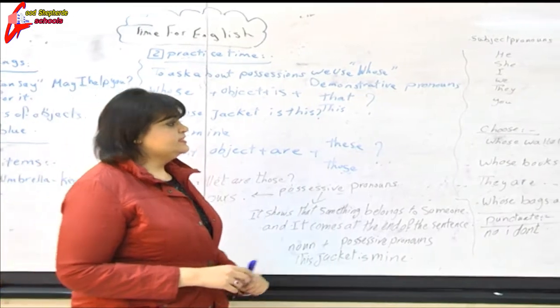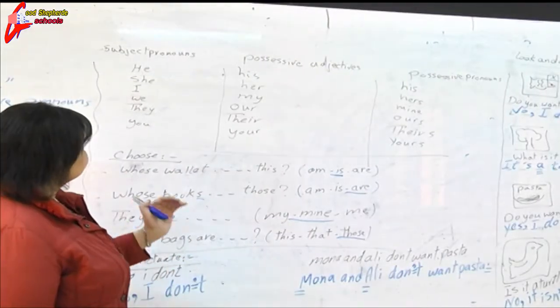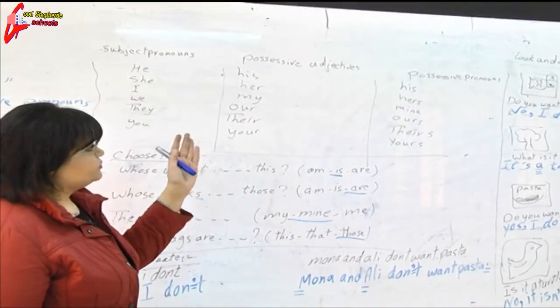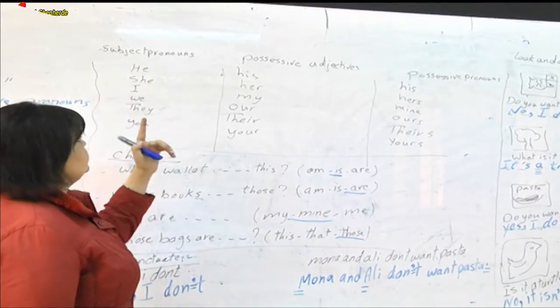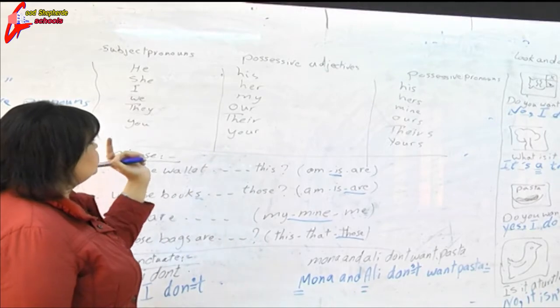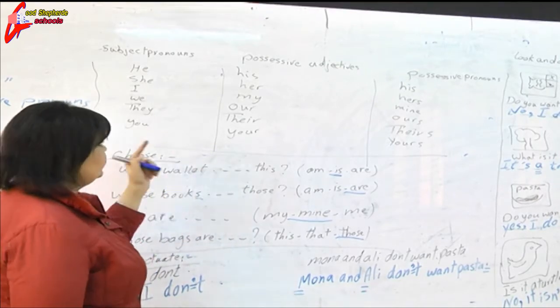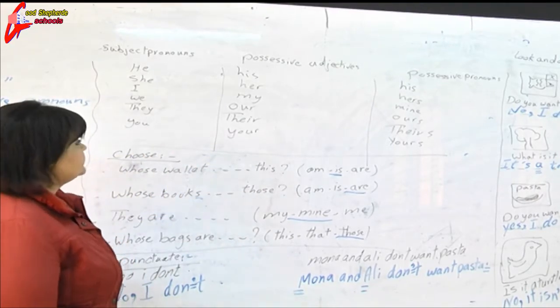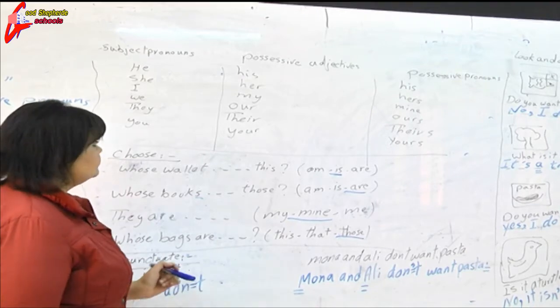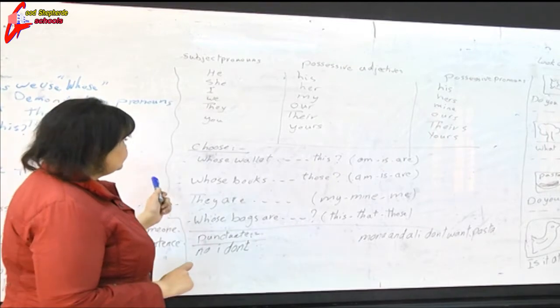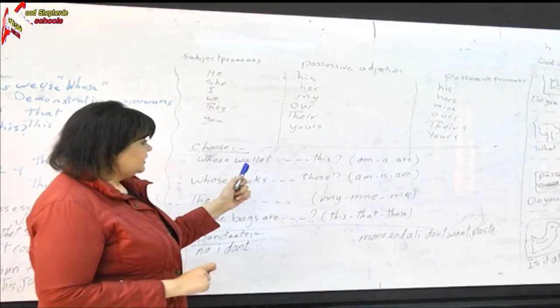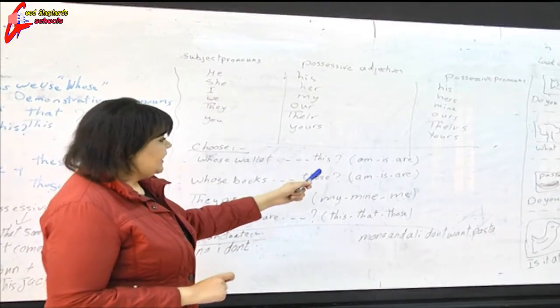Okay? I have here a table for subject pronouns, possessive adjectives, possessive pronouns. He, his, she, her, hers, I, my, mine, we, our, ours, they, their, theirs, you, your, yours. Choose: whose wallet is this, is or are?